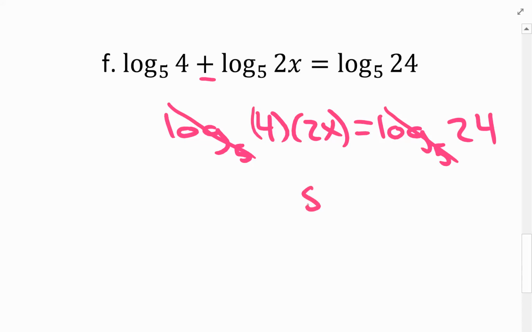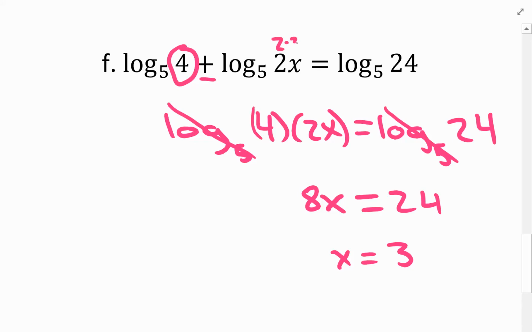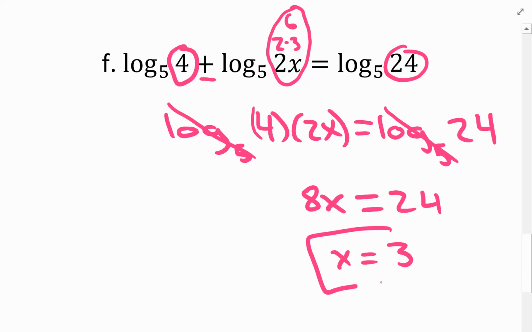So I have 8x equals 24. How do we get rid of the 8? Divide it. X equals 3. Double check. What are we taking the log of? 4, which is positive. 2 times 3, which is 6, which is positive. And 24, which is positive. So it works out.